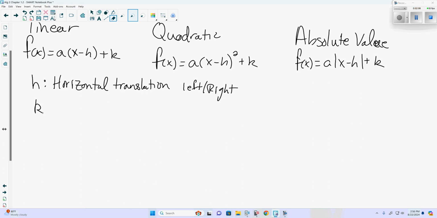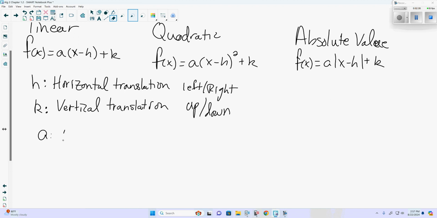k is our vertical translation. So how far we move it up or down.